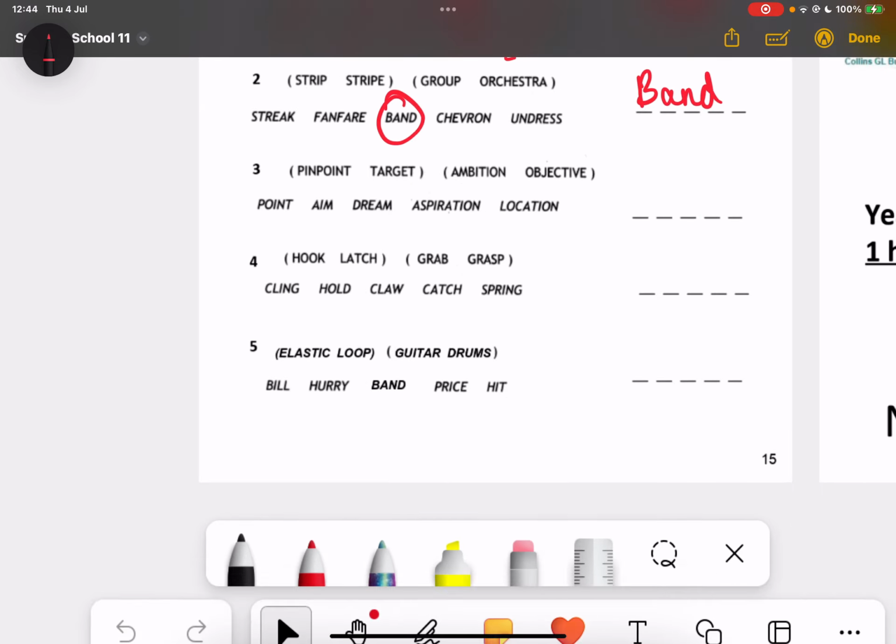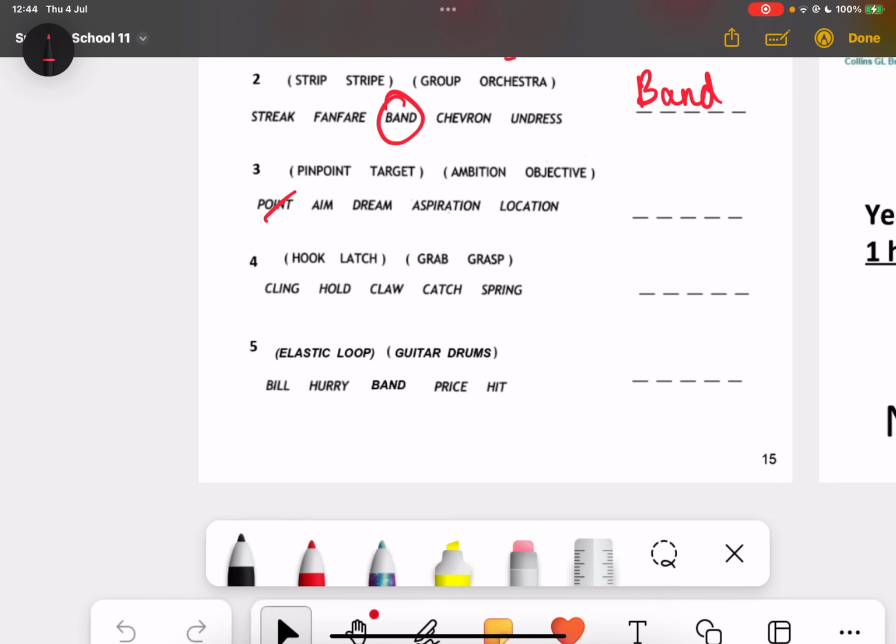Next is 3, so pinpoint and target, and then ambition and objective. Pinpoint and target is more like physically aiming for something, whereas ambition and objective is like a goal, though they are similar in meaning.